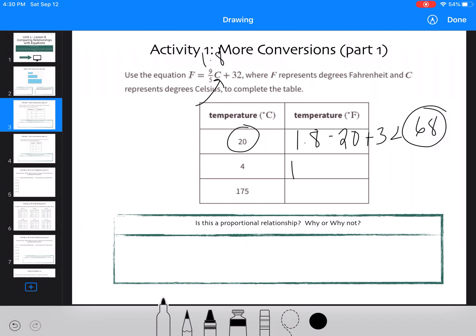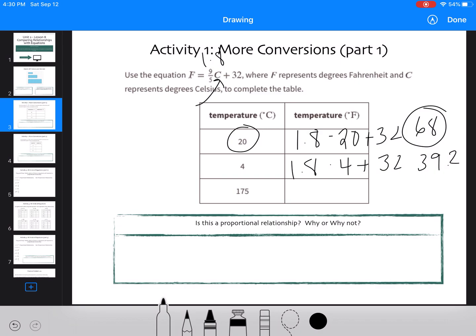So then I'm going to do 1.8 times 4 plus 32. I get 39.2.